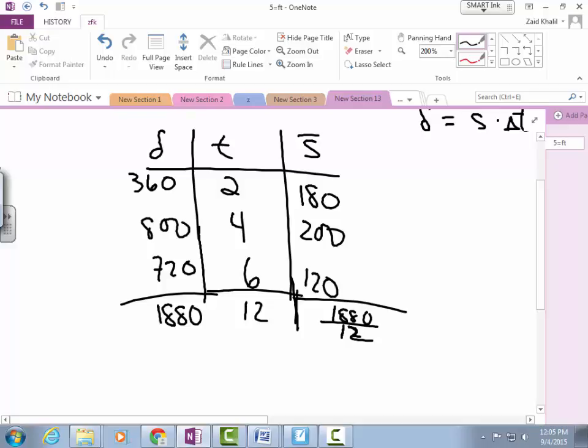How much is that approximately? Looking at that roughly, it's going to be less than 200. 157. It's not a chemistry class. So it's 157 mph, which is a terrible set of units anyway. Any questions?